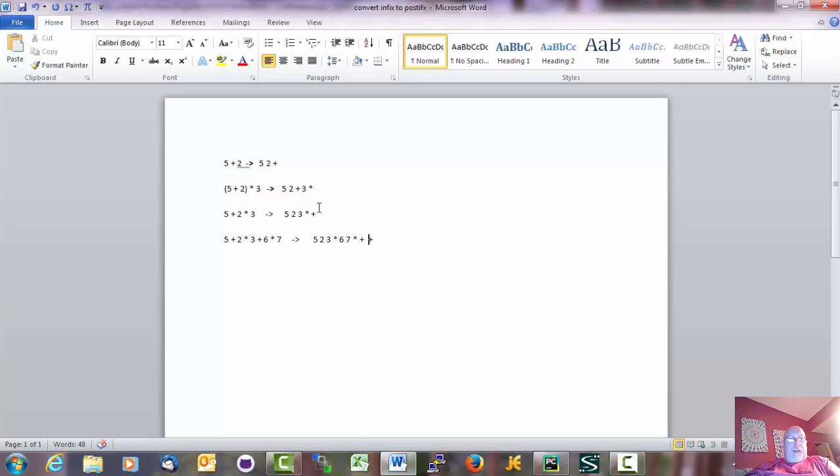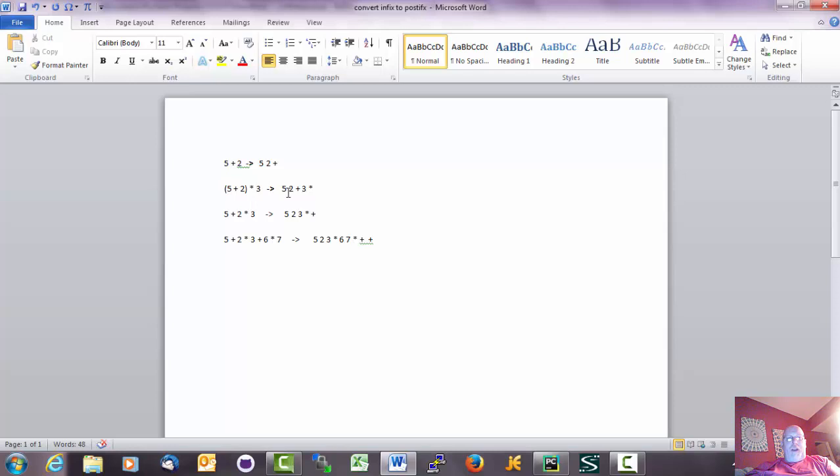I want to make a few observations about this conversion. First, I want to notice that there are some things that change order. For example, this plus sign and this times sign change order. They change order because this times sign has a higher order of precedence than the plus sign does. And with parentheses, once we encounter the right parenthesis, we want to group all those things inside the parentheses together.